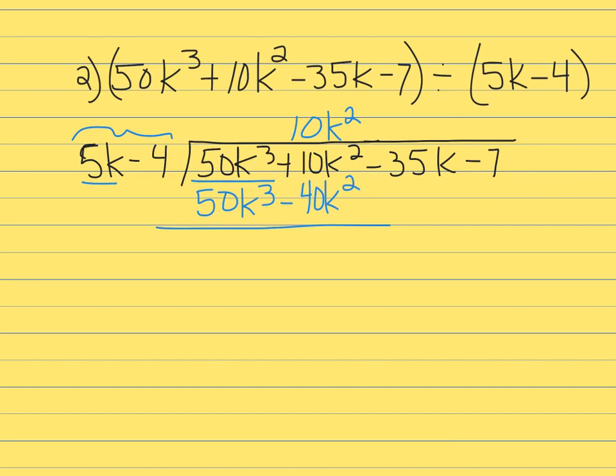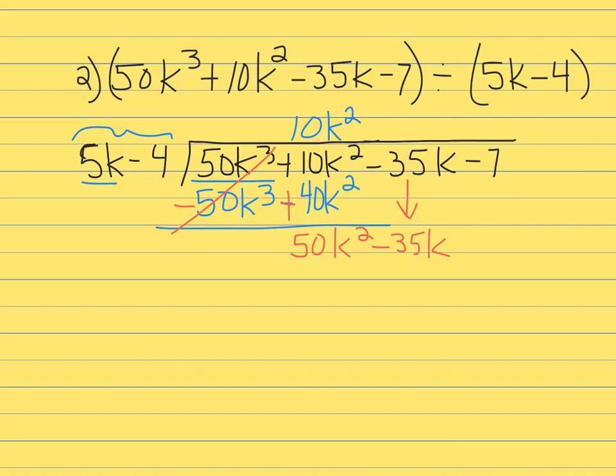Okay, so remember here is where I'm going to subtract, which means I'm going to change my signs. This goes away. Positive 10 plus 40 is going to be a 50k squared. And then I'm going to bring down my minus 35k.